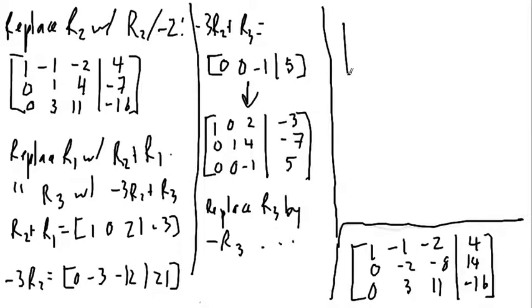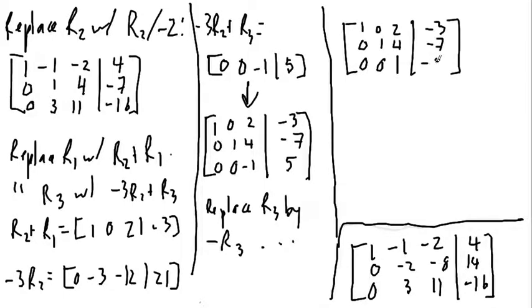This gives us 1, 0, 2, negative 3, 0, 1, 4, negative 7, and 0, 0, negative 1 times negative 1 is 1, and negative 1 times 5 is negative 5.